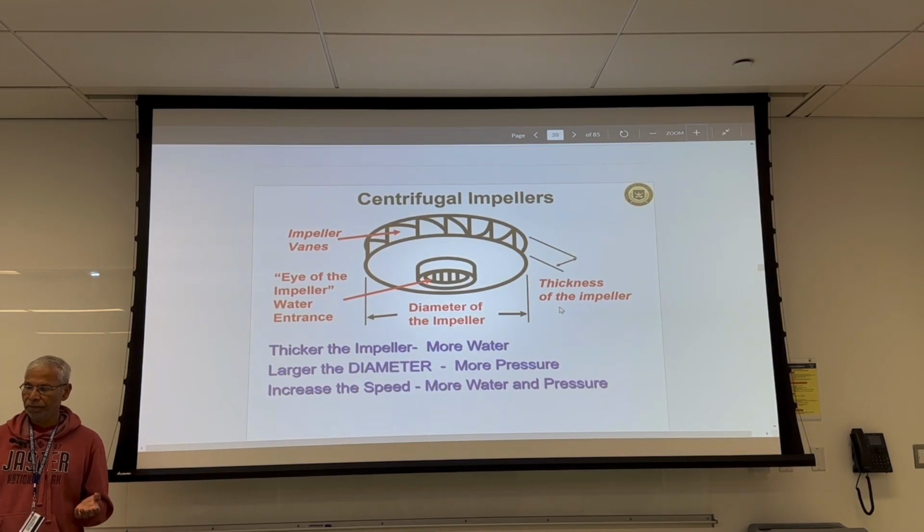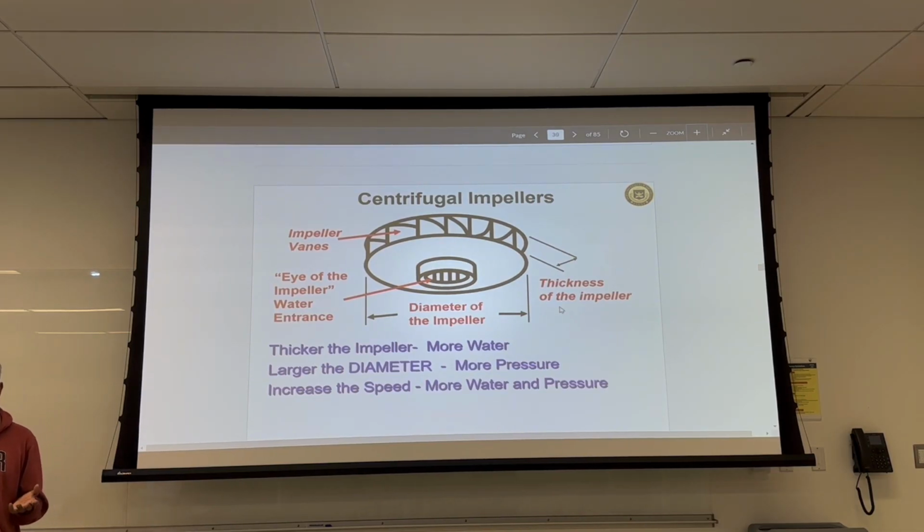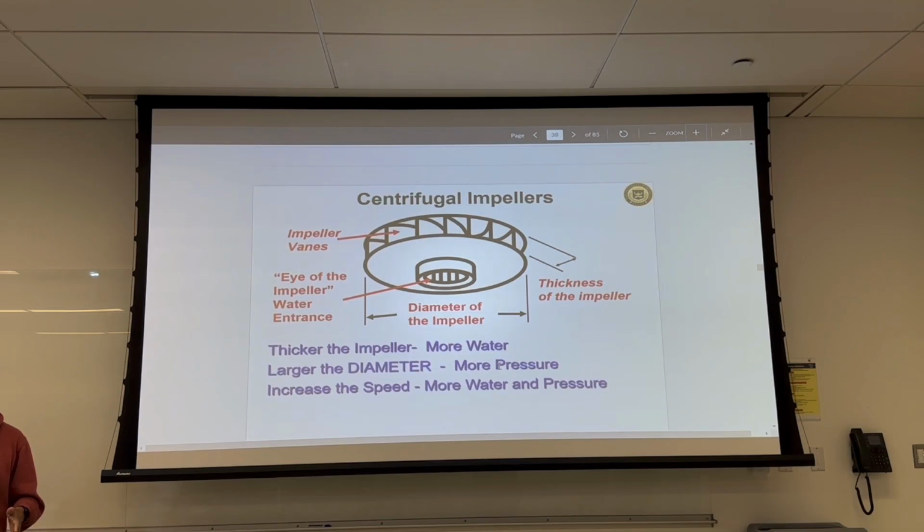So thicker impeller, more water; larger diameter, more pressure. See the relationship: if you want to increase the volume, make it thicker, and if you want to increase the pressure within the parameters, you need a bigger diameter. So 10 inches versus 100 inches makes a big difference.